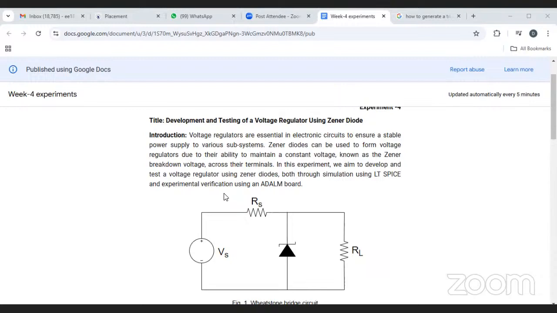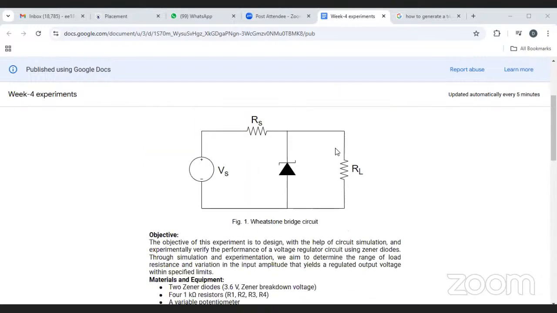So this is a simple example of a voltage regulator using a Zener diode. We are using the Zener breakdown voltage of a Zener diode, and manipulating that, we are able to generate constant voltage across the load resistance.